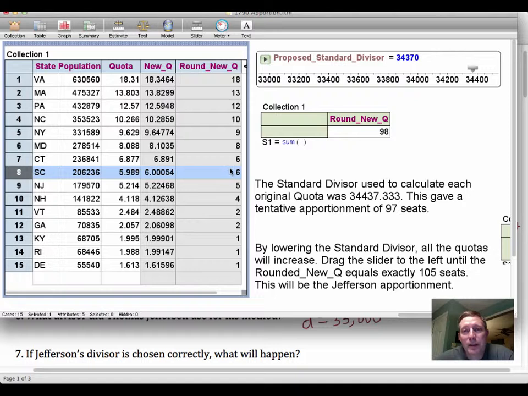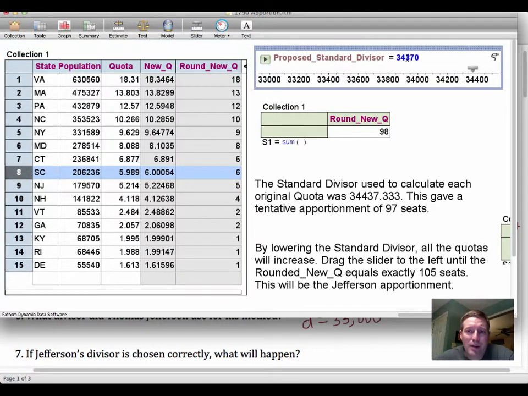And it's actually a fairly easy calculation when you think about it. And so let me ask you this. Can you tell me a way to figure out how big this divisor would have had to have been for South Carolina to earn their sixth? If you just think about the arithmetic, it's really not that hard, because think about where this 6.00054 comes from.